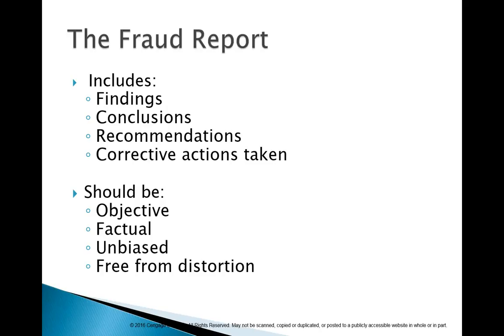Just to give an example, there's a recent case with Tom Brady, in the Deflategate situation. When that report from the investigator went to court, the judge found that it was biased, and that everything that happened wasn't based on the facts and the findings. They were drawing conclusions that maybe they should not have, or that the facts didn't support.